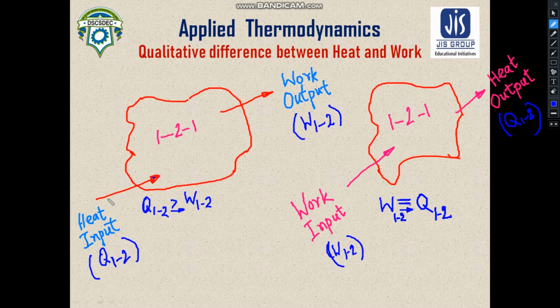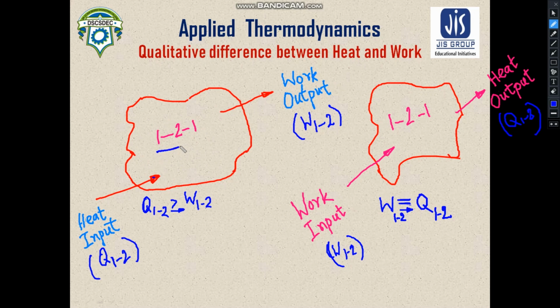Heat and work are both forms of energy in transit, so they can cross the boundary of the system. So from the surroundings, heat input of Q12 has been given to this system. Because of this heat input, the state of the system changes, and a thermodynamic process is occurring. After this, a thermodynamic cycle is completed via the work output.